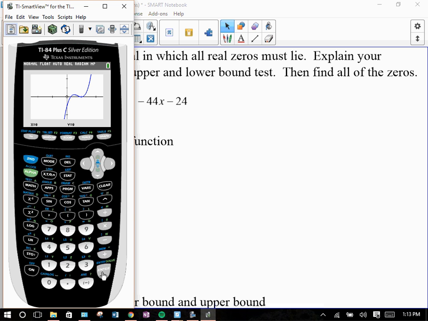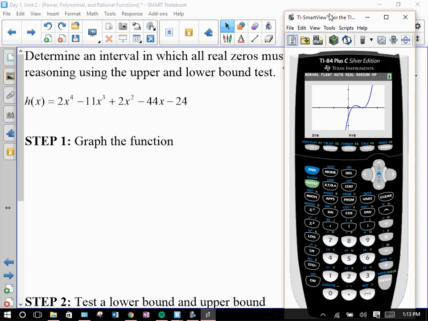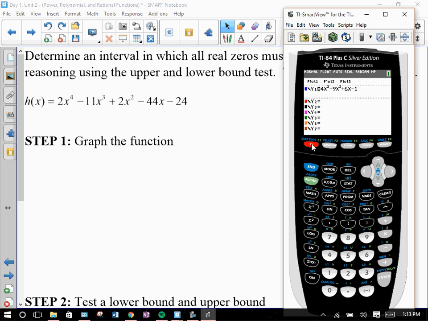That function is y equals 2x to the fourth minus 11x cubed plus 2x squared minus 44x minus 24.